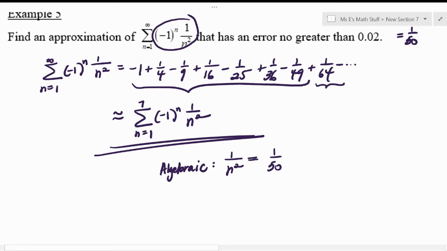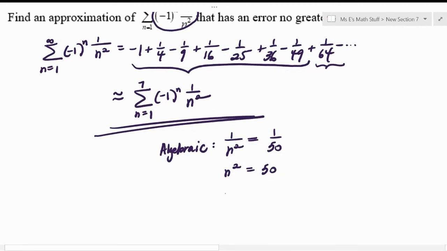So, cross products, you're looking for n squared to be 50. And then you could always square root both sides. And so you basically get a little bigger than 7, right? So I'm just going to say 7.1 or something.